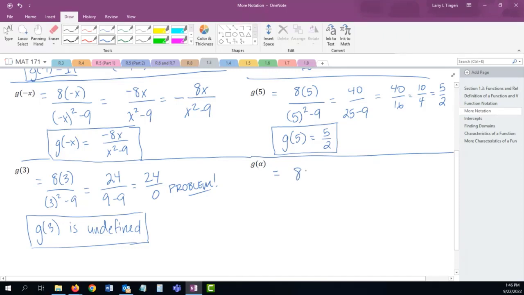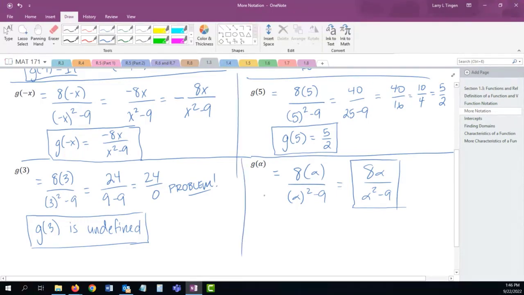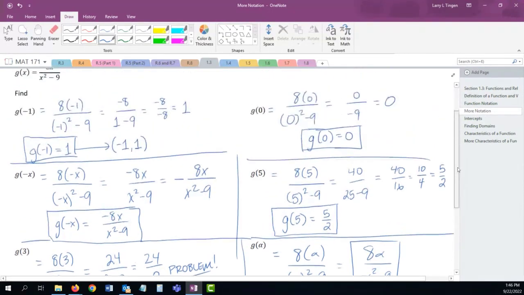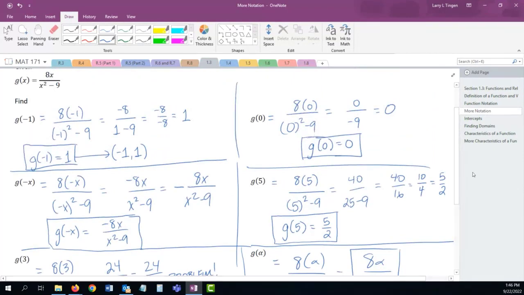G at alpha is 8 times alpha over alpha squared minus 9. 8 times alpha is 8 alpha. Alpha squared is alpha squared minus 9. All that did is just replace all the x's. It didn't really do anything else. All right. So there are our problems.